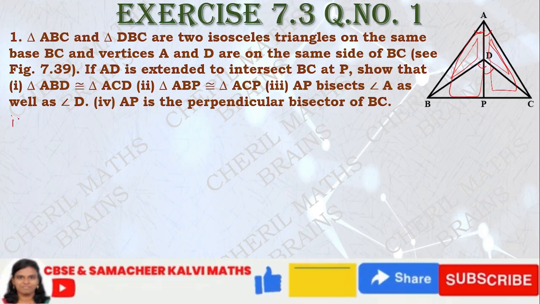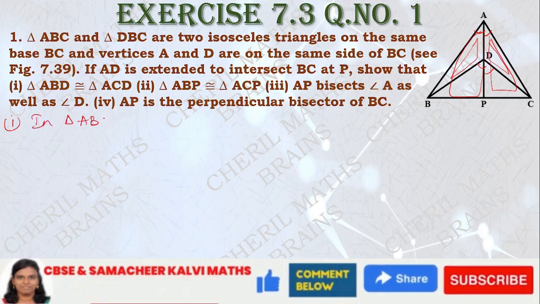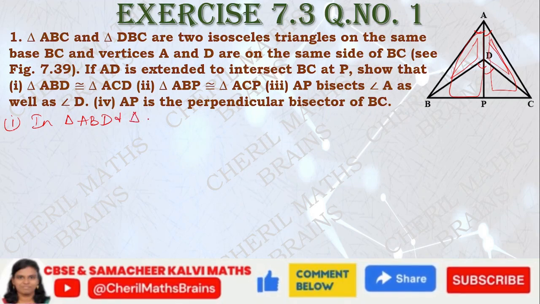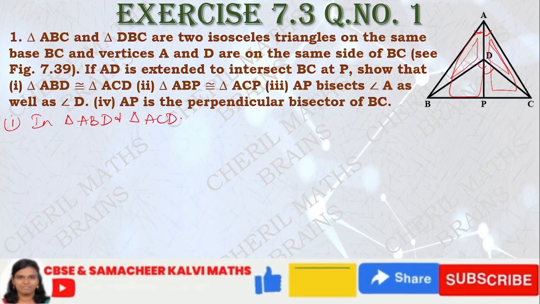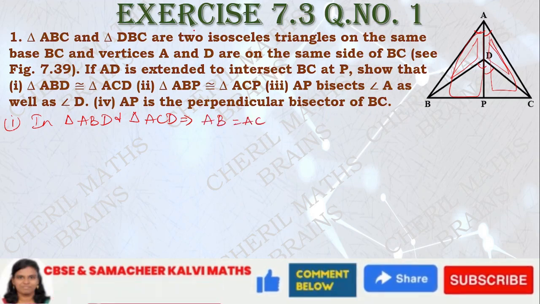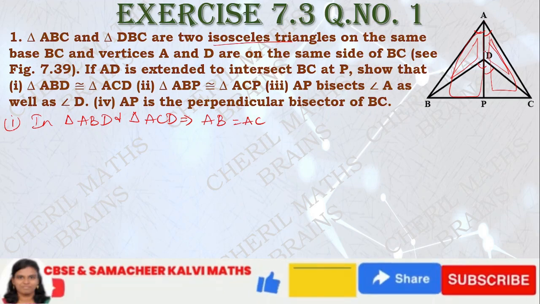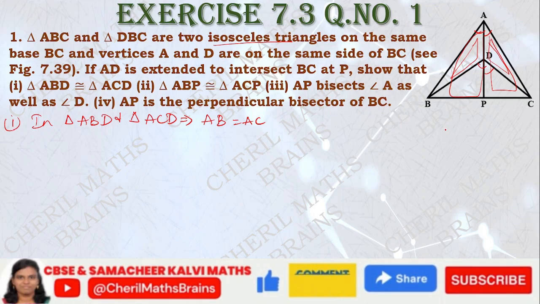So in triangle ABD and triangle ACD, we are given that AB is equal to AC because it is isosceles. So two sides are equal. And we know that AD is common.